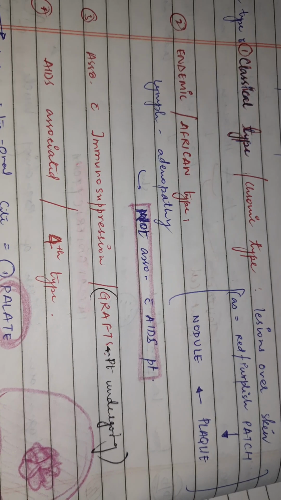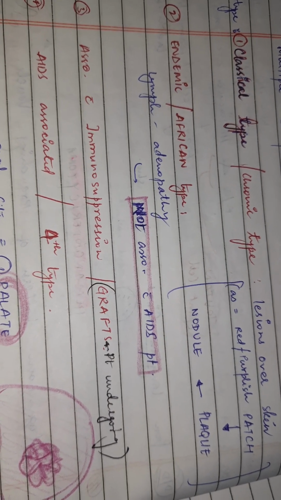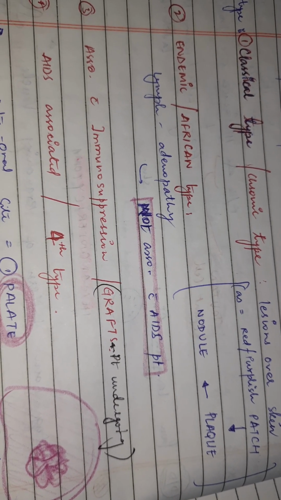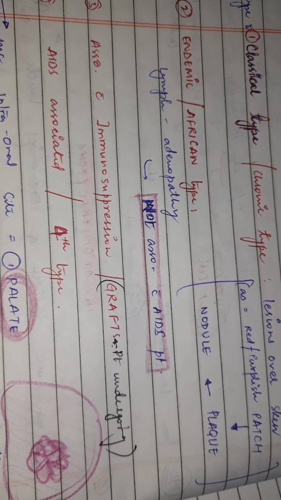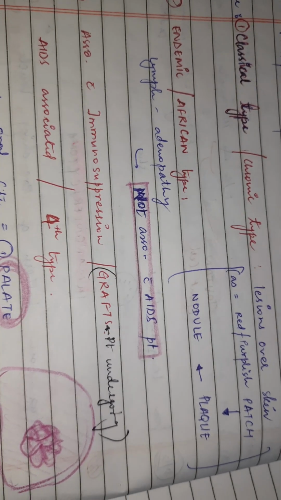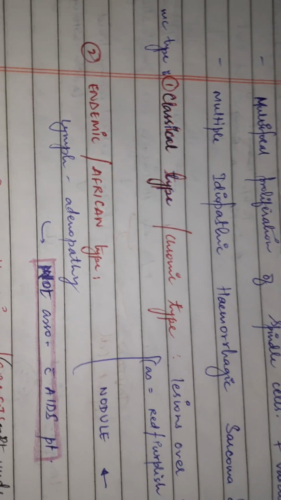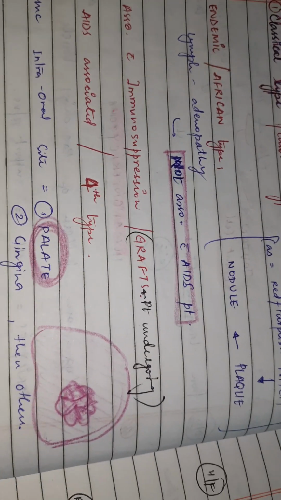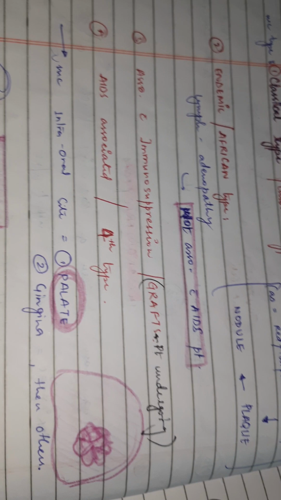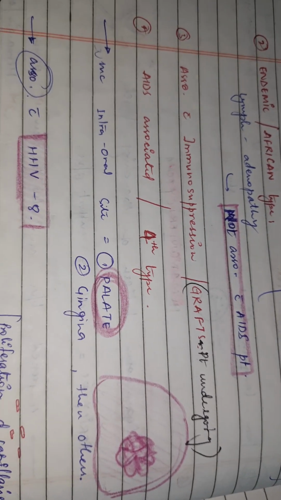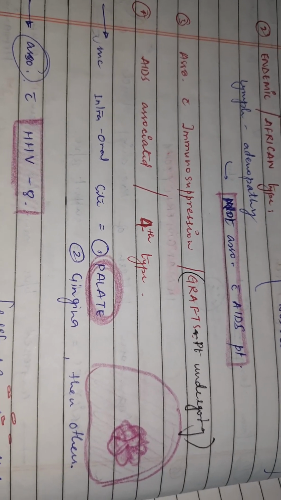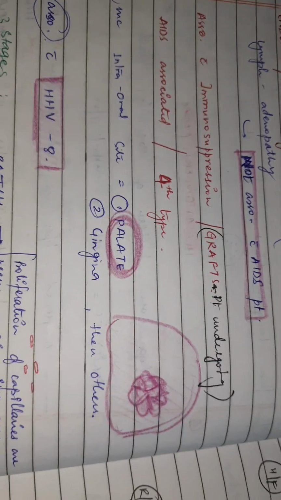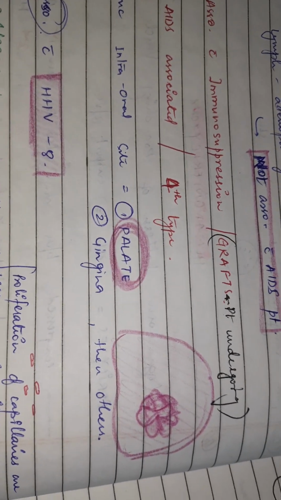The third type is associated with immunosuppression, in graft patients undergoing transplantation. The fourth type is associated with AIDS. The most common intraoral site of Kaposi sarcoma is the palate, then gingiva.